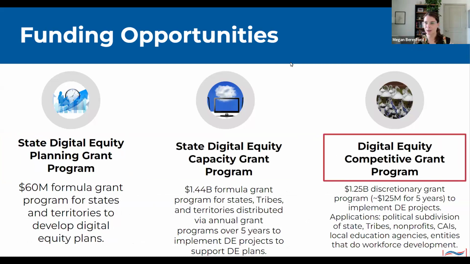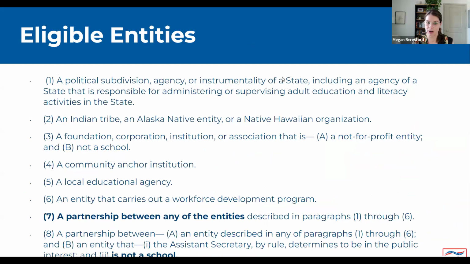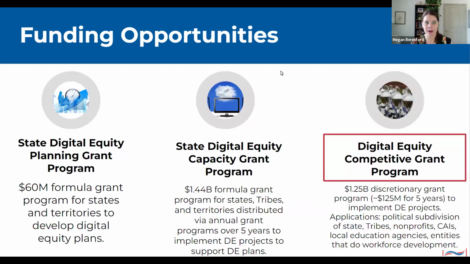So a whole slew of organizations can apply to this. Unlike those first two, where it's only meant for states and territories, this is open to a lot of folks. What we do know, and that Annie will talk about in a bit, is we have a bit of a timeline for that last one. It's not open yet, but that's why we're having this webinar to help you prepare for that last one.